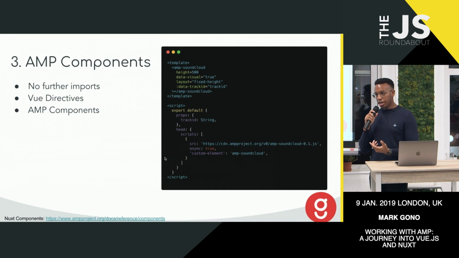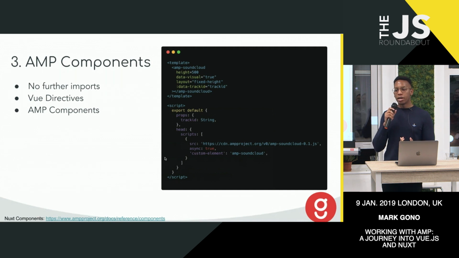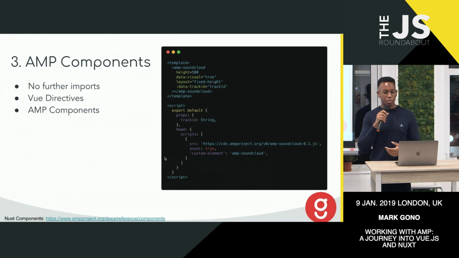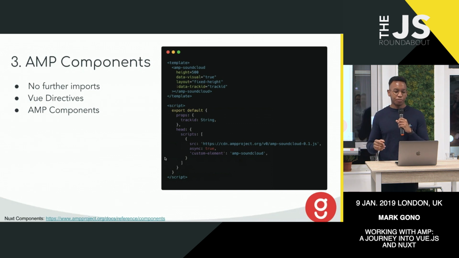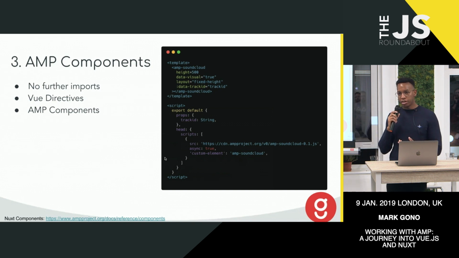And it's also using the head API to load in that extended library of AMP components, which means that piece of the head, that script will only load if this component is actually rendered on a page. So that's one of the powers of Nuxt, is that it allows you to override and add to the head using those APIs very easily.